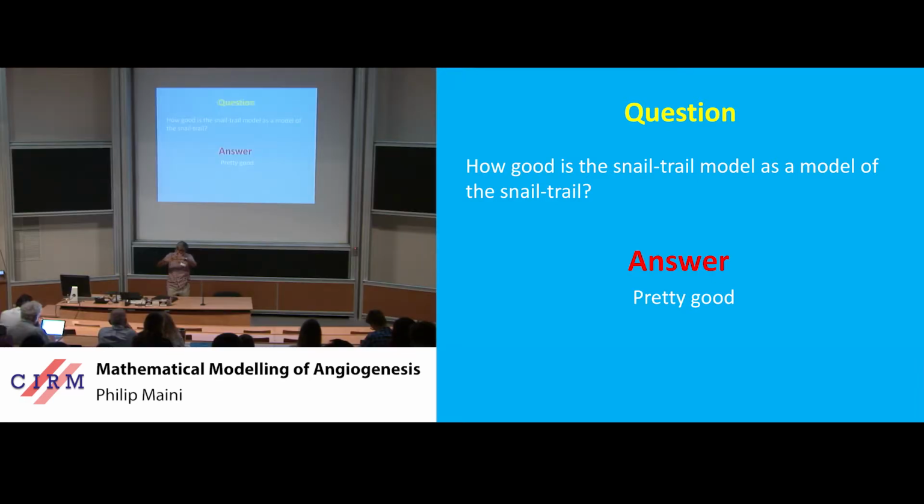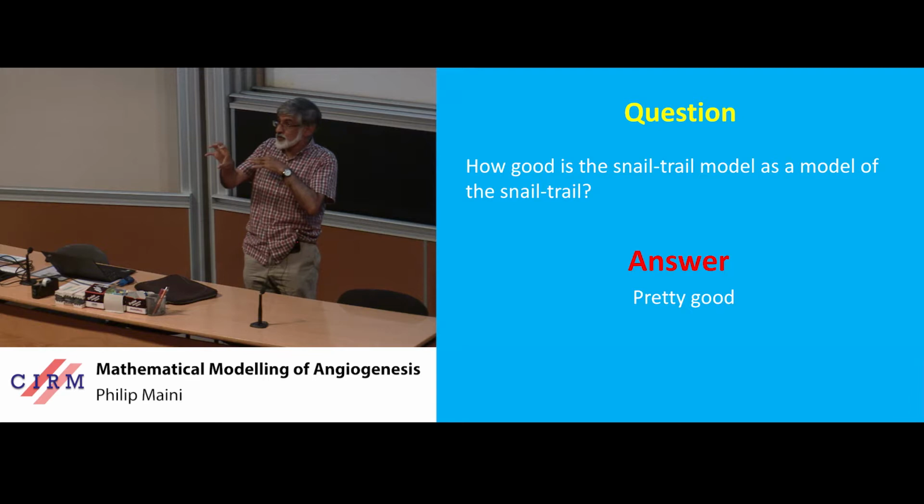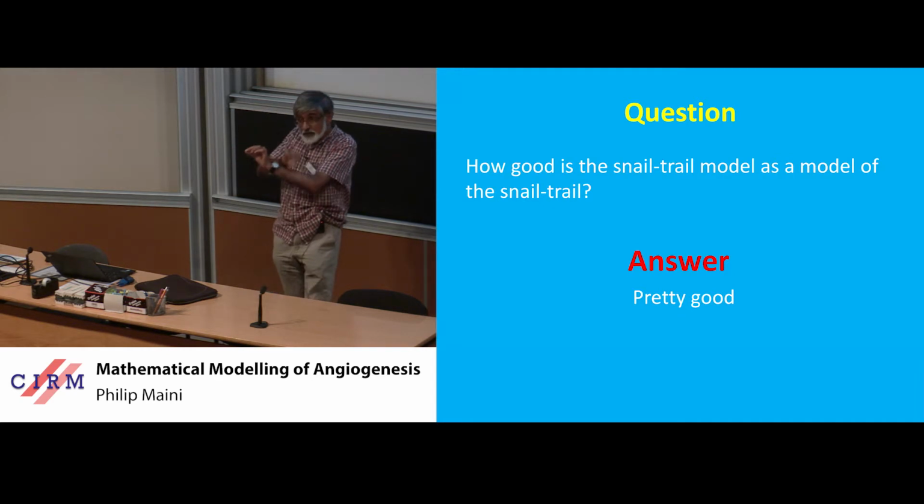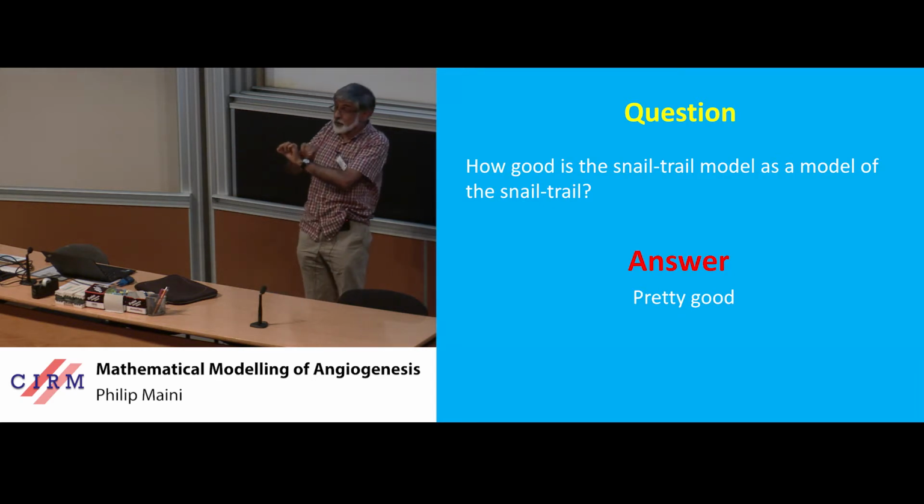So we're still in the process of doing that. The other thing we can do, which I'm not showing here but is in Samara's thesis, is a huge parameter space analysis, and we found parameter regimes in which the models do disagree. So we found a parameter regime where the snail trail model that we've all been using is not correct.